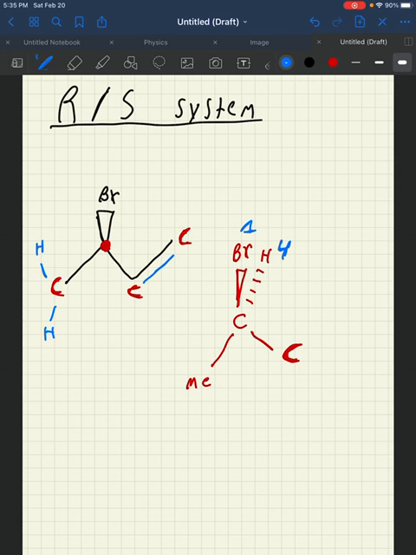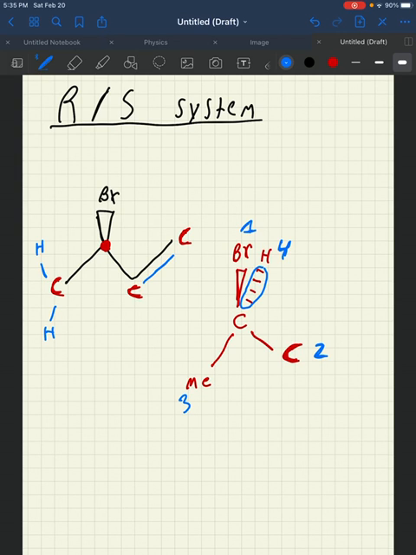Methyl is probably number 3 because this one's bonded to another carbon, not a hydrogen. So this would be 2. Now we remember, you always have to have your dotted bond be your 4th priority. Always has to be that, or else it's not going to work.